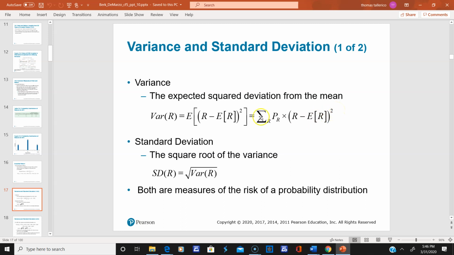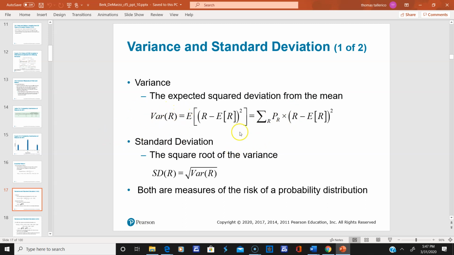Forgetting about everything to the left of the equal, just take the probability, multiply it by each return, but first you subtract the expected return of 10% you calculated, right? And you notice you square this thing in parentheses, right? And then you add up all three of them, because there's three returns, right? All right, now, that's the variance.